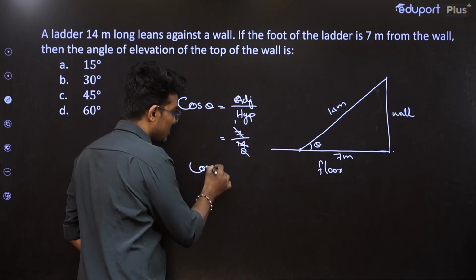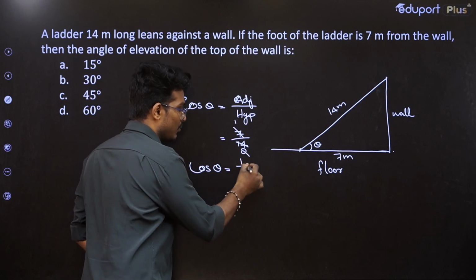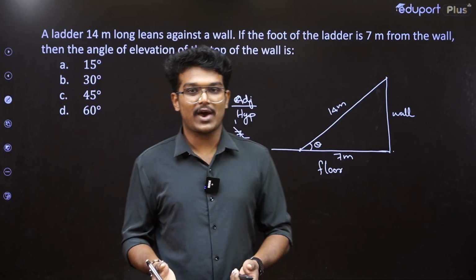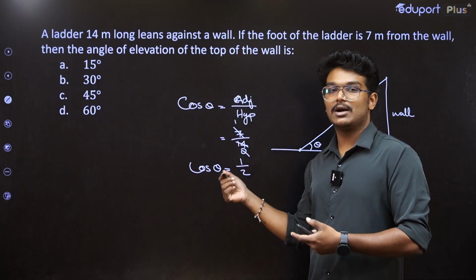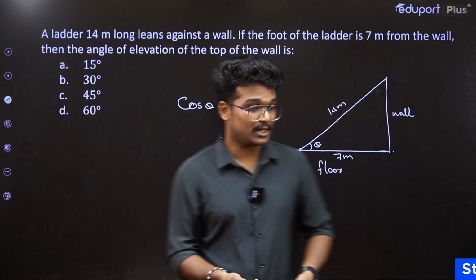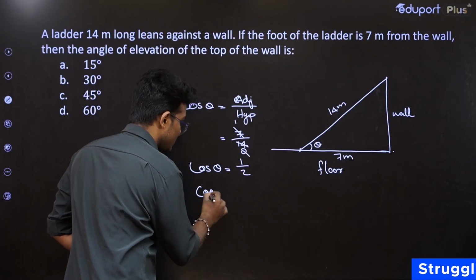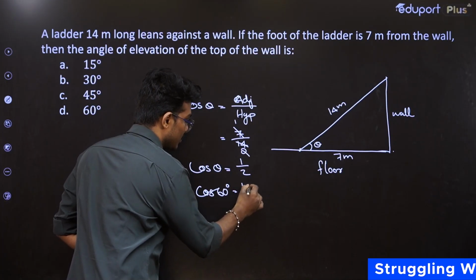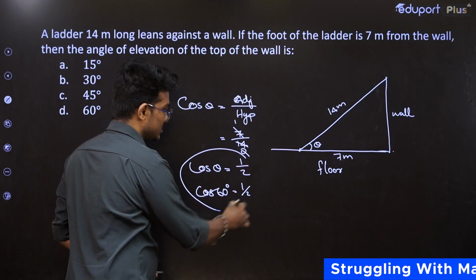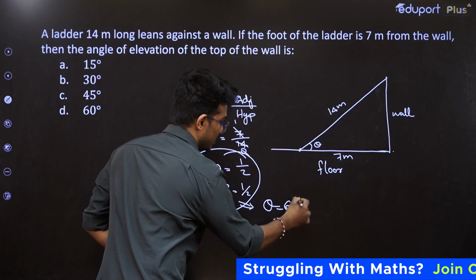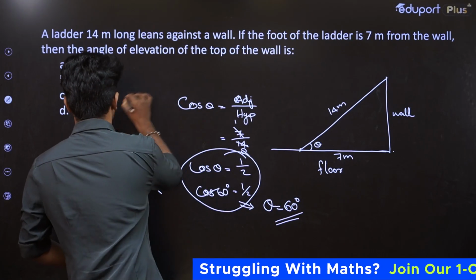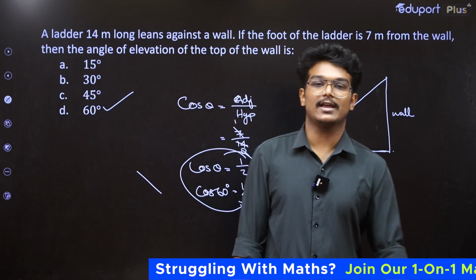So we got cos theta is equal to 1 by 2. For which angle does the cos ratio become 1 by 2? We know that cos 60 degree is equal to 1 by 2. From this we can write that theta is equal to 60 degree. So the answer is option D.